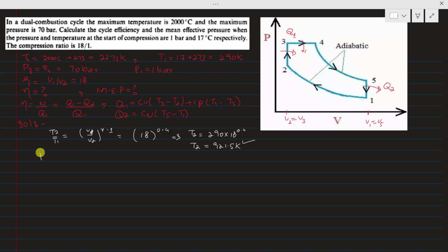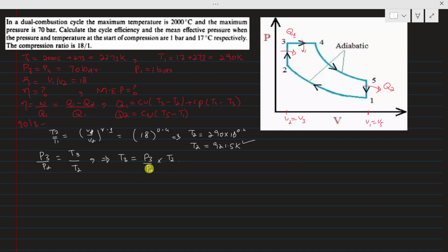I can write P3 divided by P2 equals T3 divided by T2, so T3 is equal to P3 divided by P2 multiplied by T2.